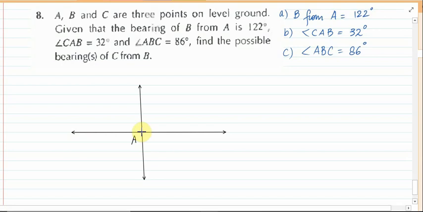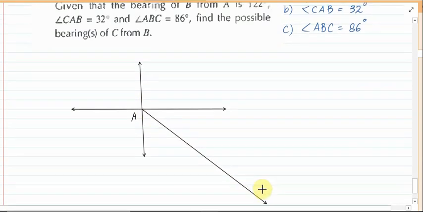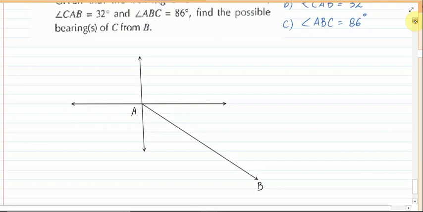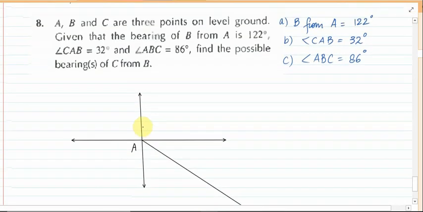So from the point A till the point B, let's suppose this one. This is point B and the angle is 122. That means this angle here is 122.